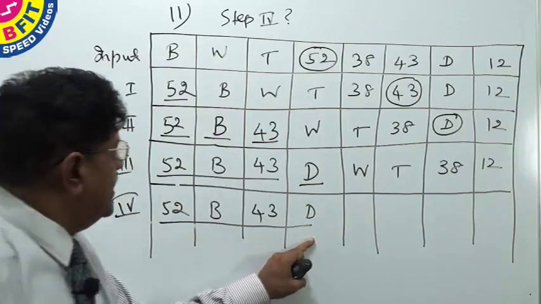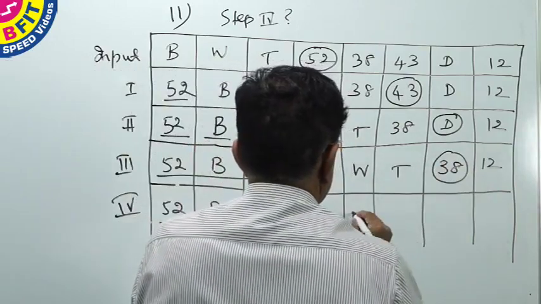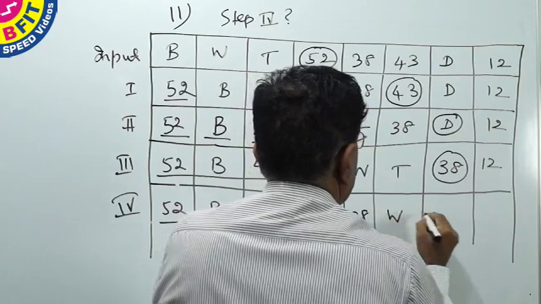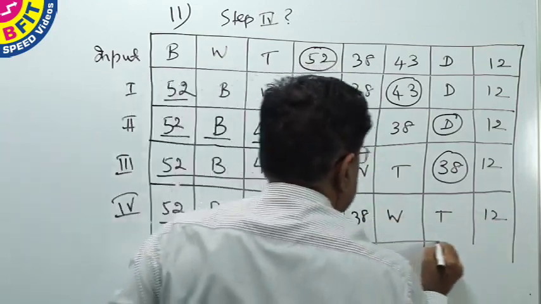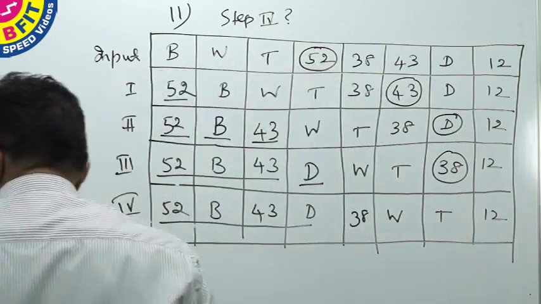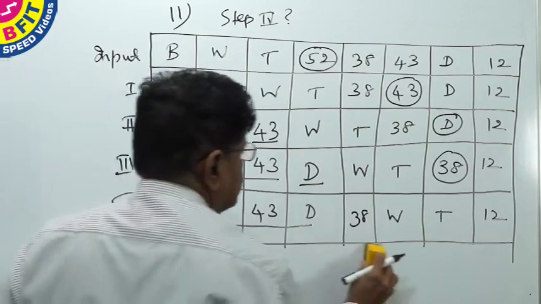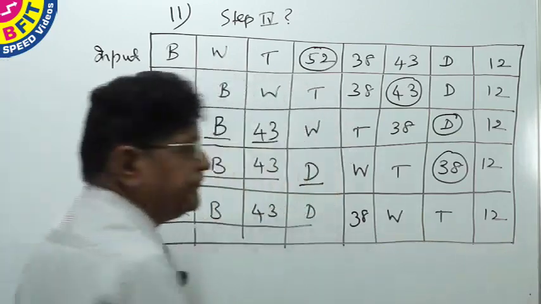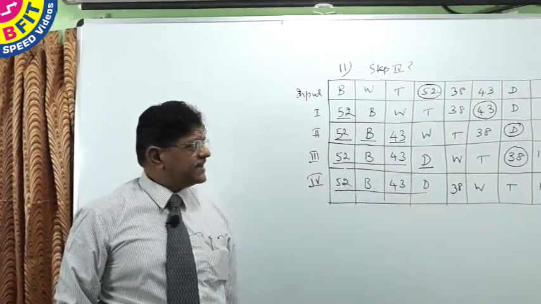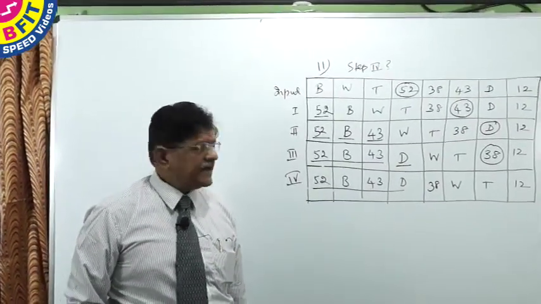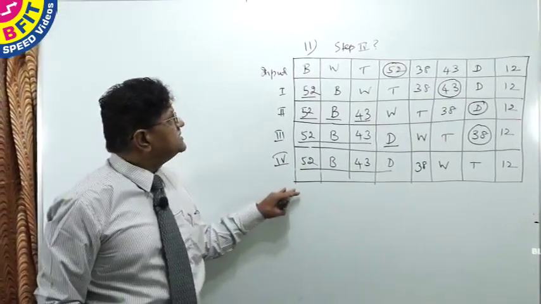The number lower than 43, it is 38. 38, W, T, 12. This is step 4. 52, B, 43, D, 38, W, T, 12. This is step 4.